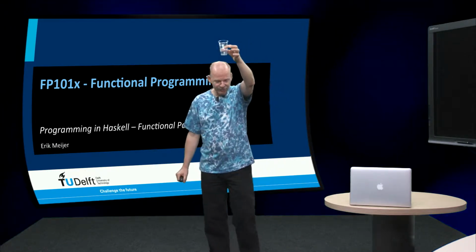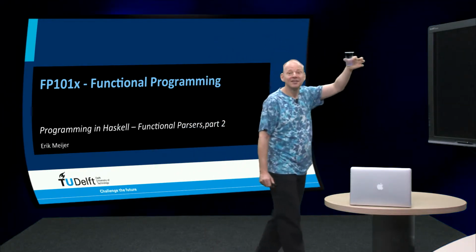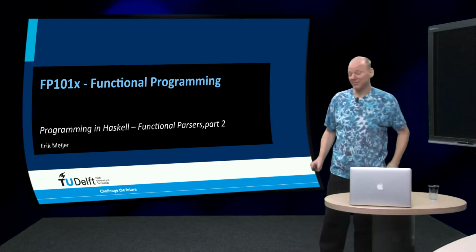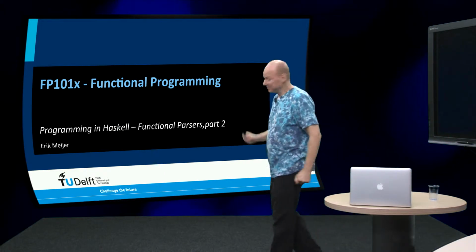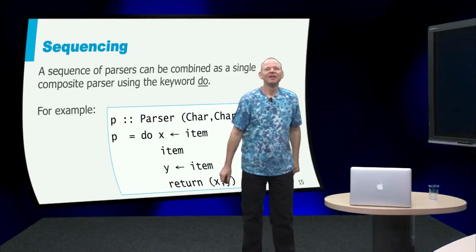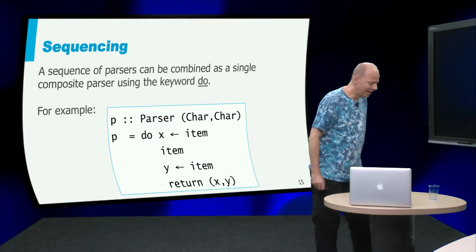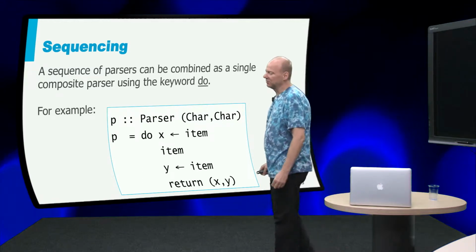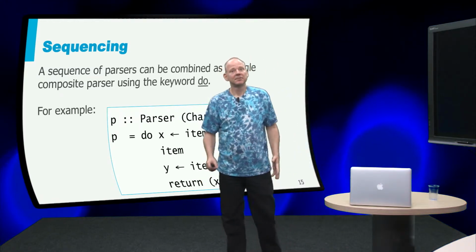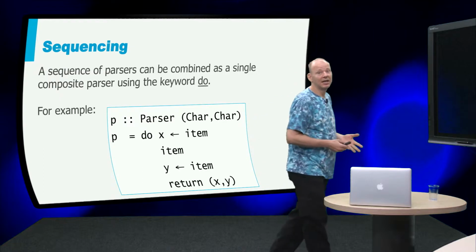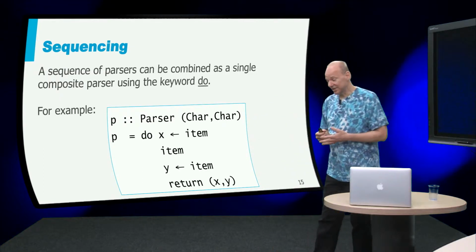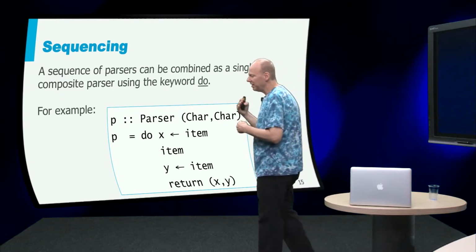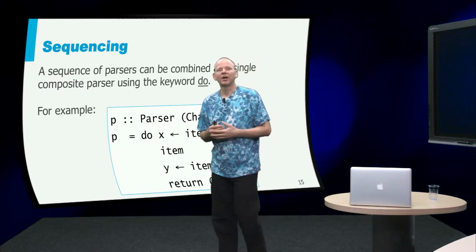And let's make a toast on our first monad. That's great. And now we can move on. Let's look at another operator on parsers that really makes it into a monad, namely sequencing of parsers.